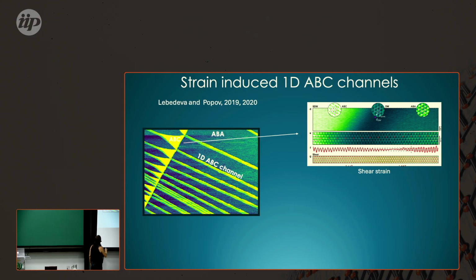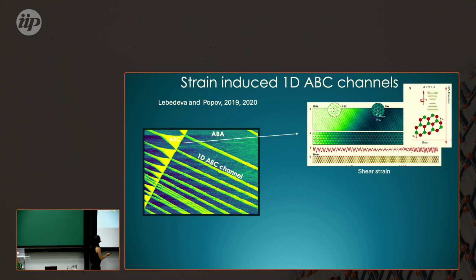This boundary is along the armchair direction, and we can see that this row of atoms across this boundary moves to the row above, and this is exactly what we have when we have some shear strain, and this shear strain is effectively a vector field, a pseudomagnetic field.